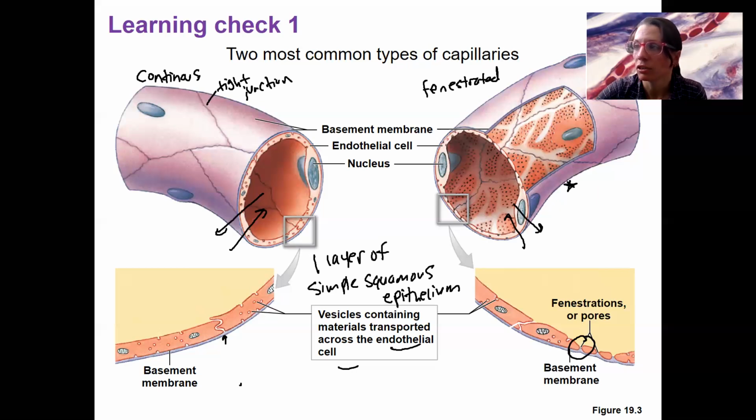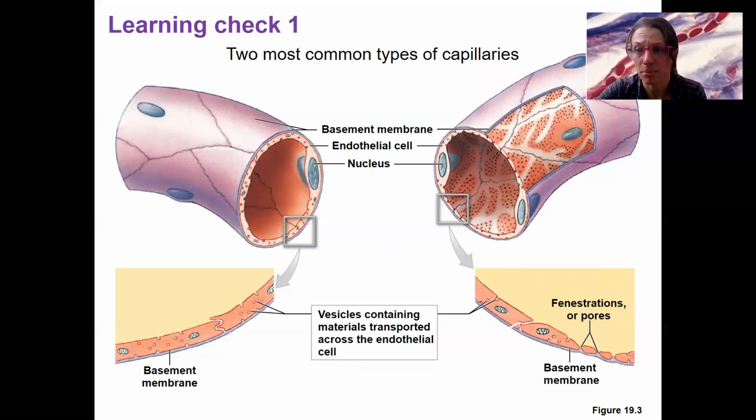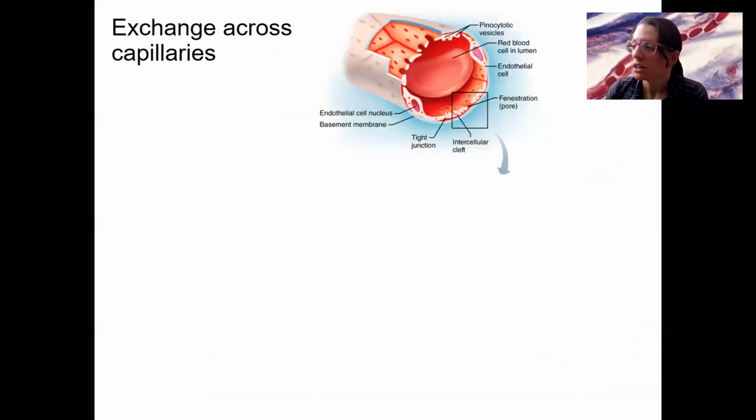But let's look more carefully at the mechanisms by which things can pass through capillaries. So exchange across capillaries. Here's another image. We're going to be looking generically at a capillary that might have some pores, but what are some other ways it can get across as well? What are ways that stuff can get across a membrane, across this layer of cells?